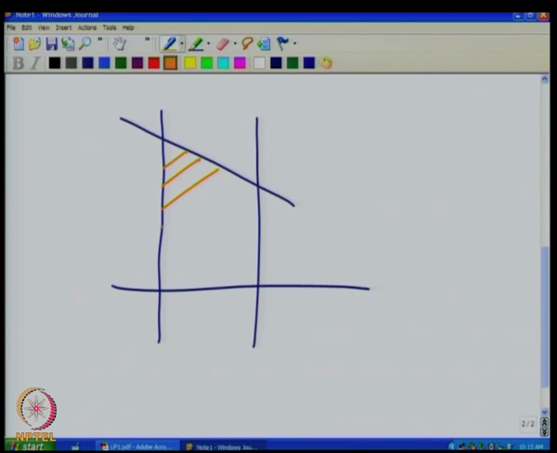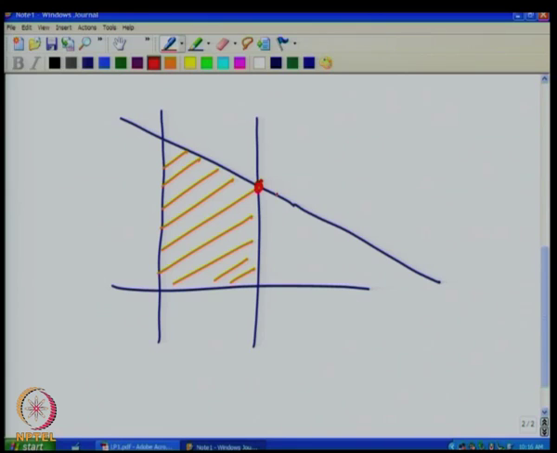Suppose this is our constraint set, and we are considering this point.